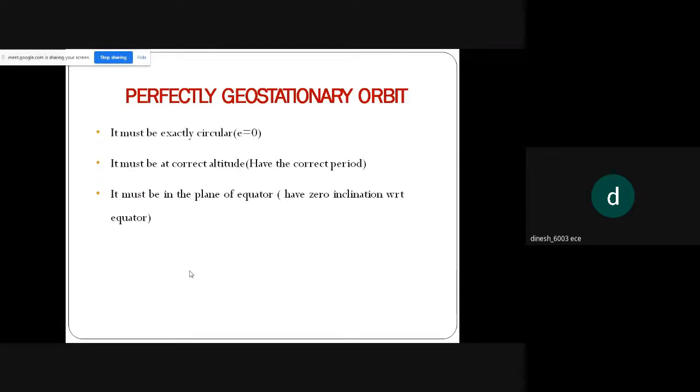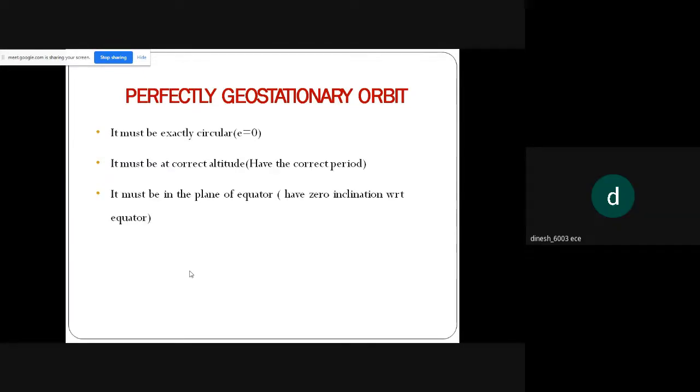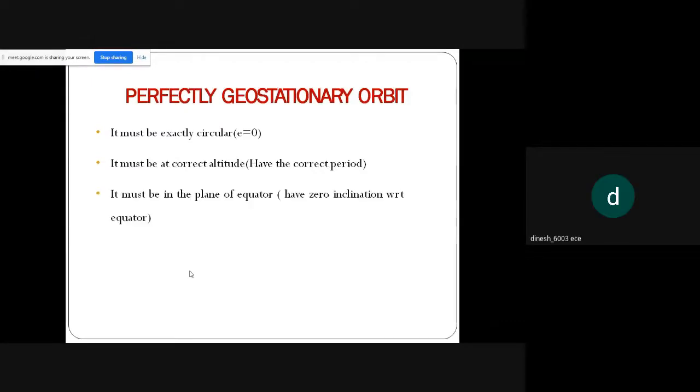You are familiar with latitude and longitude. Altitude represents the measurement of the distance from the Earth's surface to space. If all these three conditions are satisfied, they are called perfectly geostationary orbits: eccentricity 0, correct time period or altitude, and 0 inclination with the equator of the Earth.